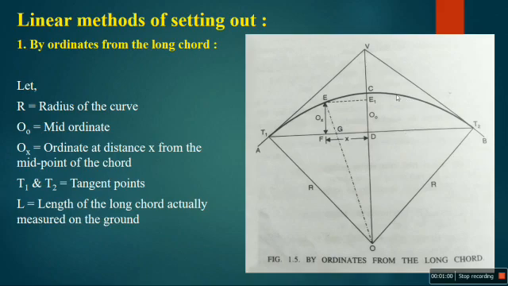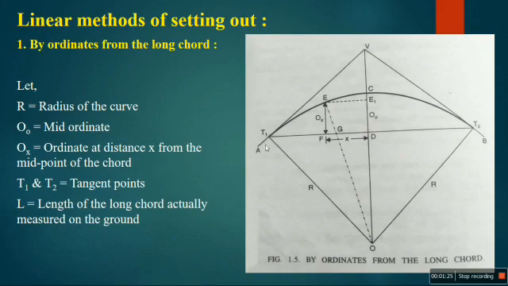So how to calculate the offsets? That is the main object of the derivation. So I will explain the parts of this method. R is the radius of the curve. O0 is the mid ordinate. OX is the ordinate at a distance of x from the center.